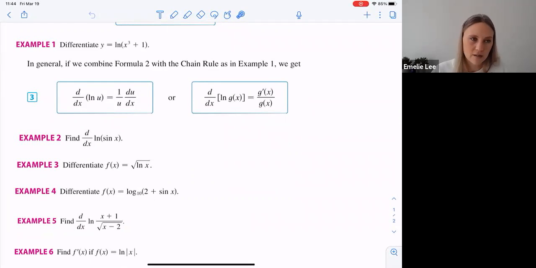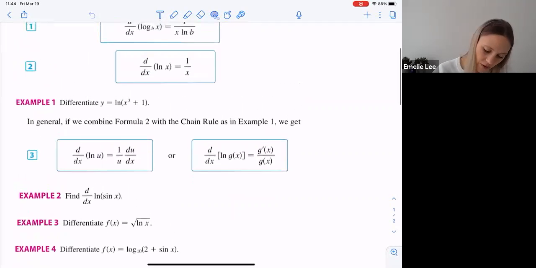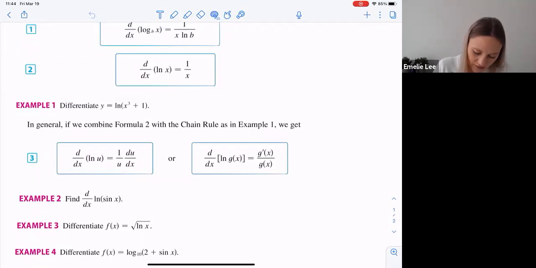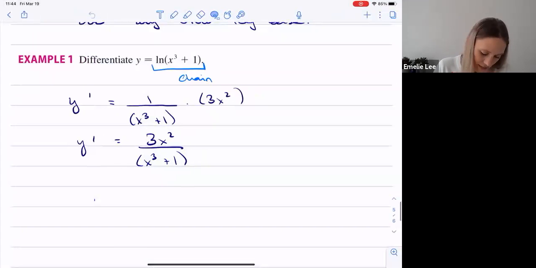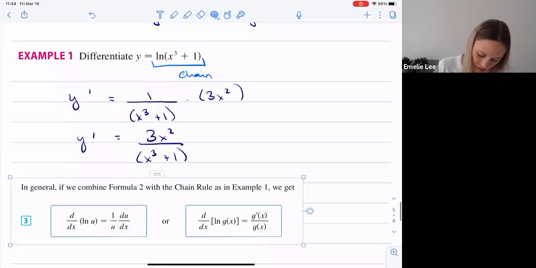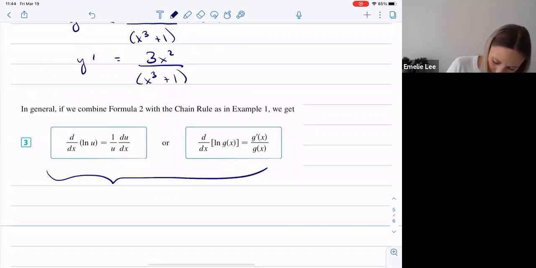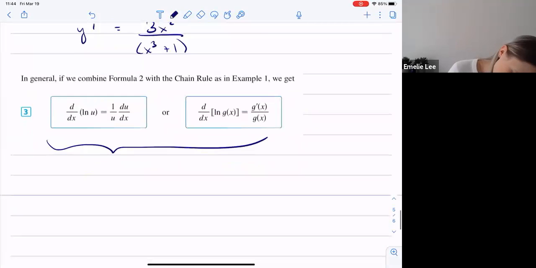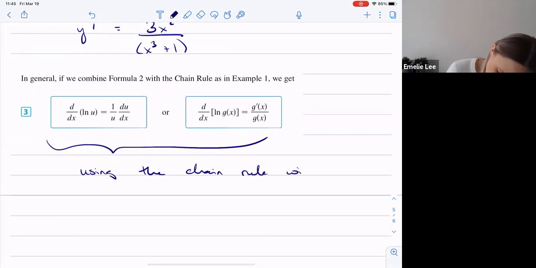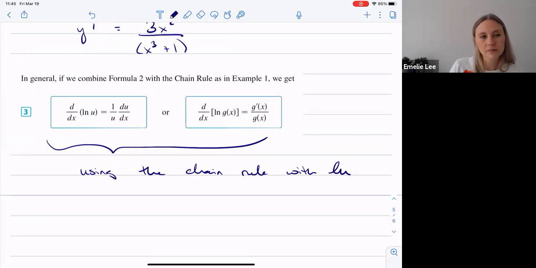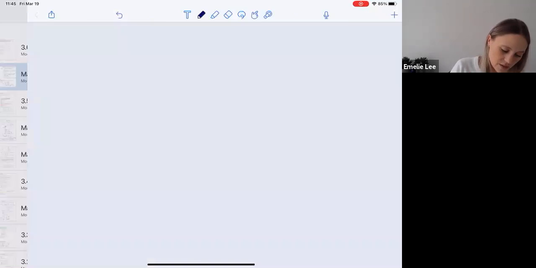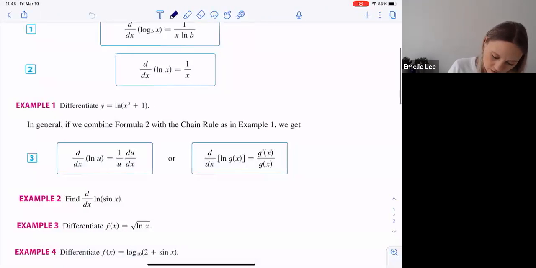So for completeness, I'll bring in this blurb, which is kind of using the chain rule with ln. Let's do another example instead.